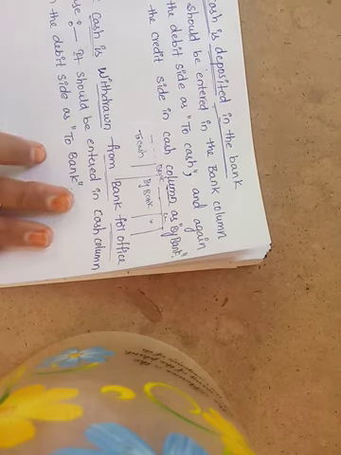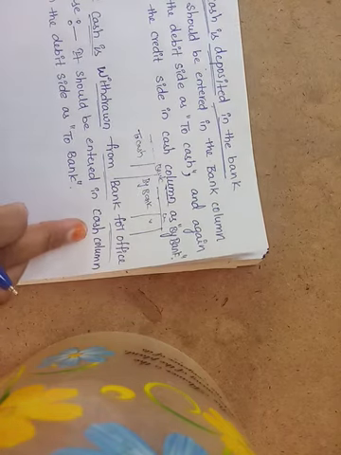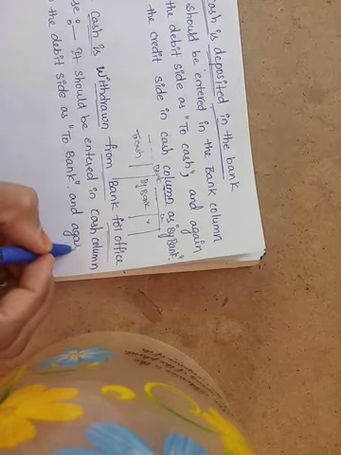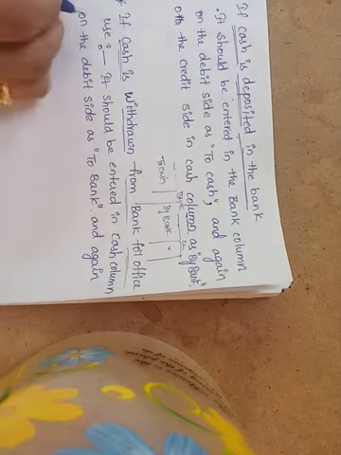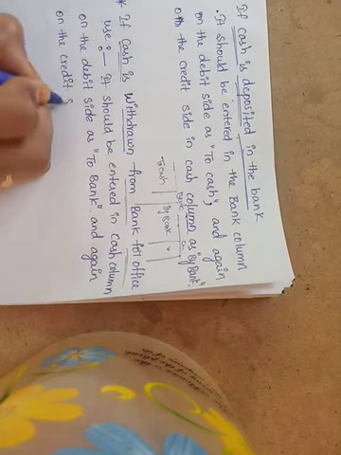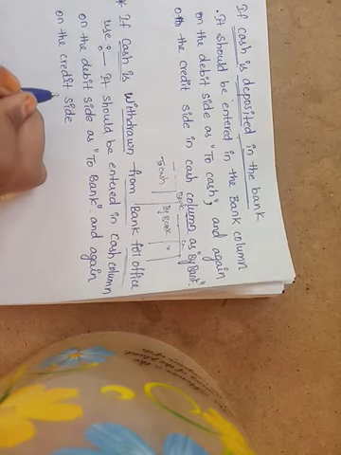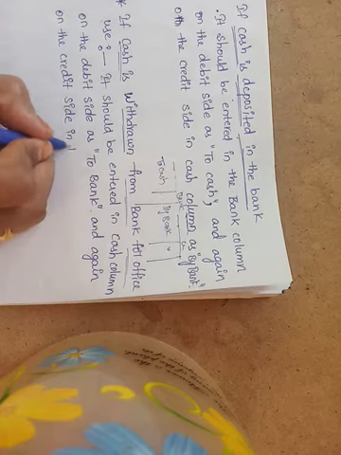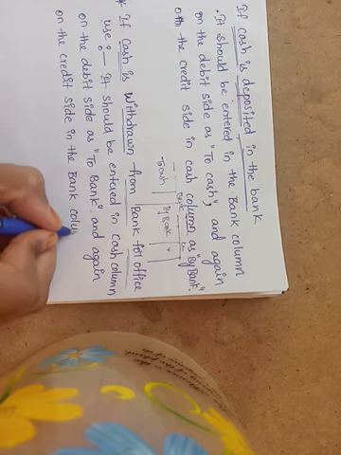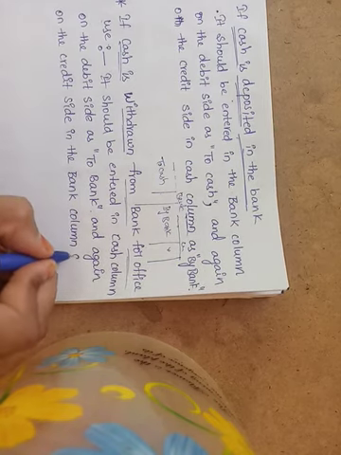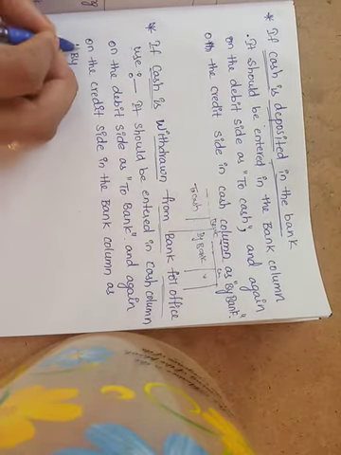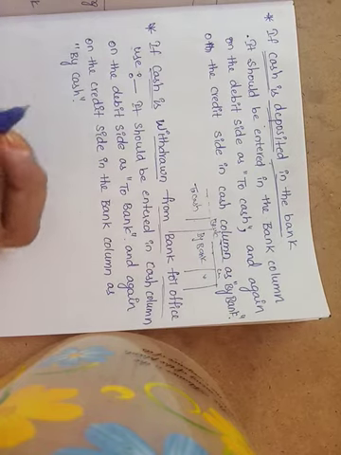Okay, debit side to bank, that amount will be written under the cash column, and again on the credit side in the bank column as "by cash".